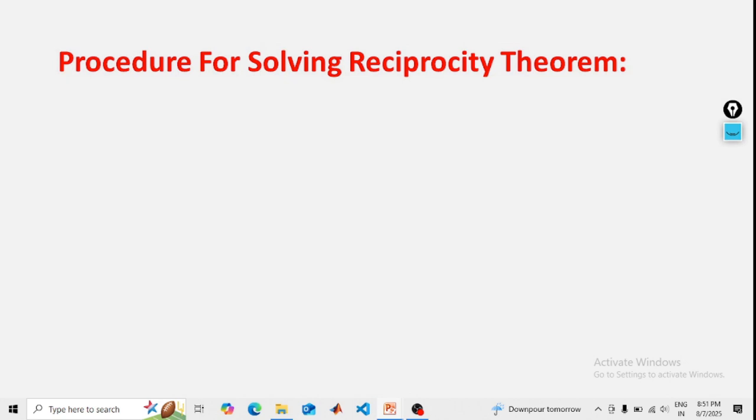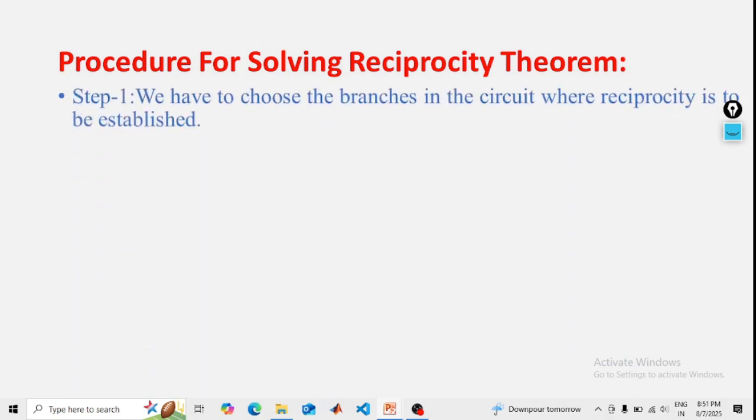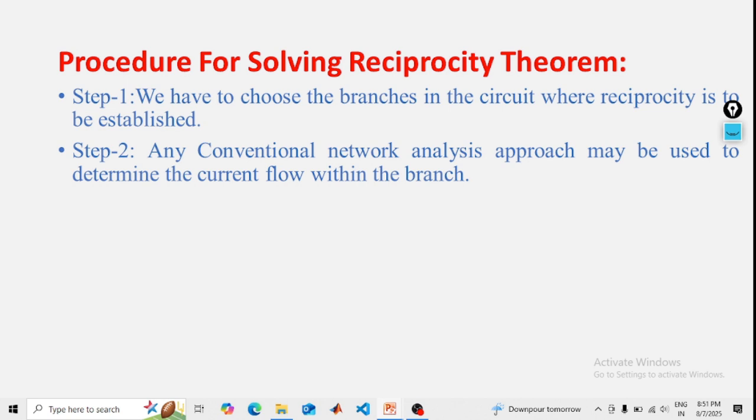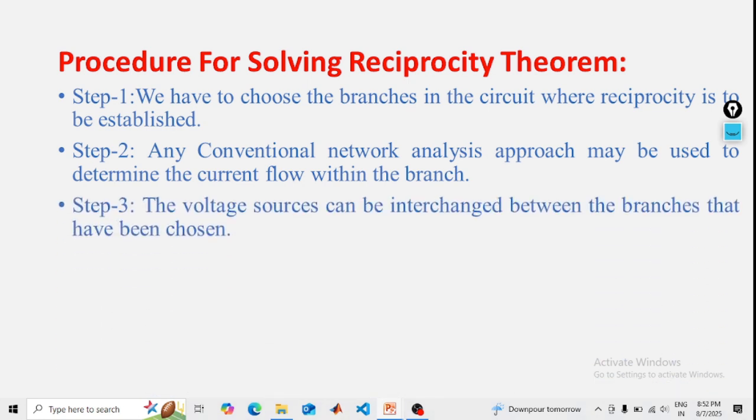Procedure for solving with the reciprocity theorem. Step 1: choose the branches in the circuit where reciprocity is to be established. Step 2: any conventional network analysis approach may be used to determine the current flow within the branch; any method you can use to find the current.